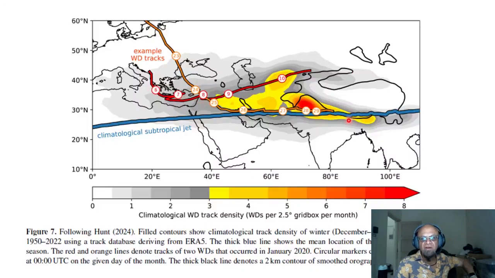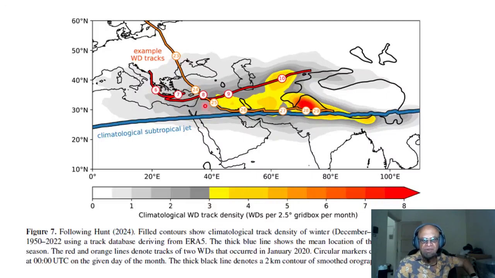These are the filled contours. Okay, the thick blue line shows the mean location of the subtropical jet here for the same season. The red and orange lines denote the track of two WDs that occurred in January 2020.